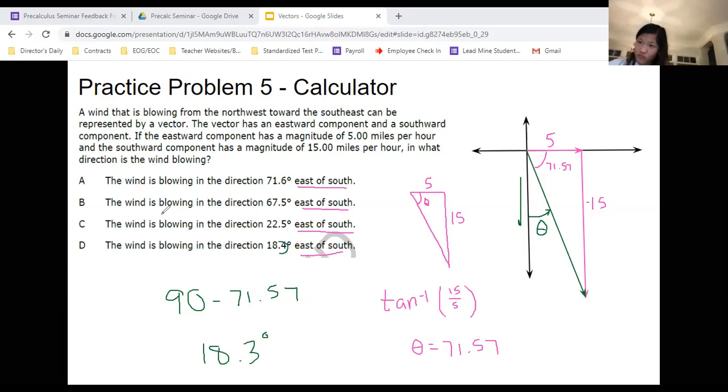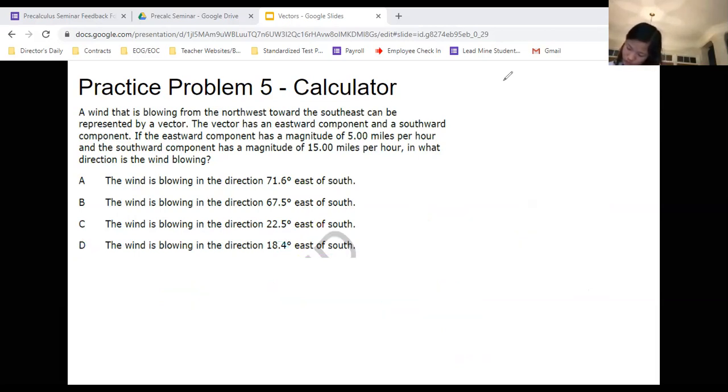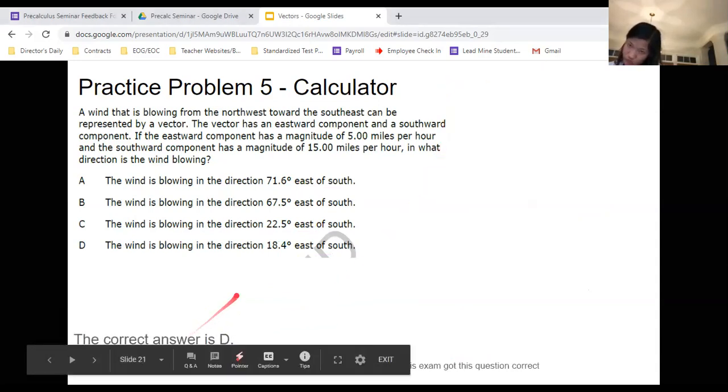So our answer is D. Any questions on this one here? Doesn't look like it. So yes, the correct answer is D.